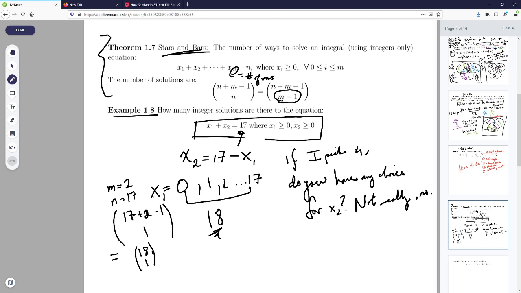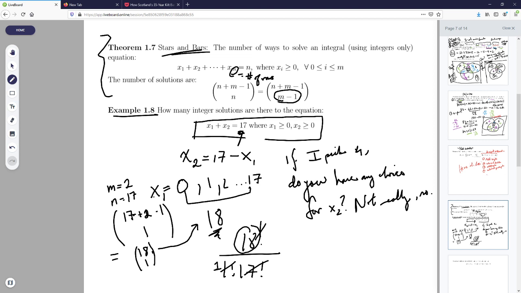The answer is 18. Now, you can also say things like, oh, I can evaluate the factorials. 18 factorial over 1 factorial, 17 factorial, and do all the cancellation. And then this is just 1, and then this is just 18. So it matches, at least in this case.